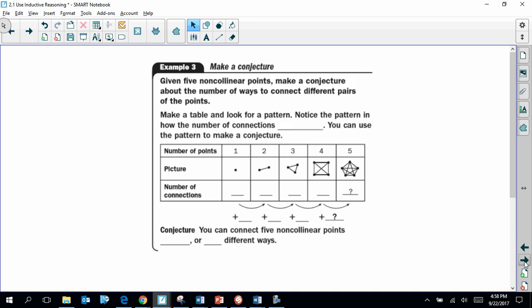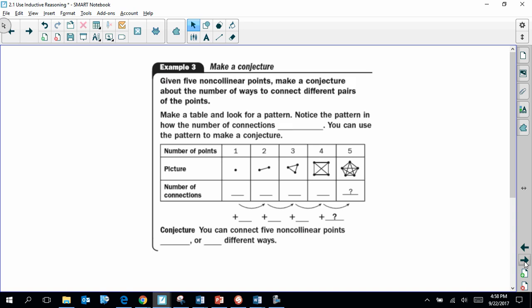Sometimes the patterns can be a little easier to discern than others. Sometimes it really helps to have a model, to draw a figure to see what it is going to look like. Now here the example that it's giving us is 5 non-collinear points, and we want to make a conjecture about how many different ways we can connect them.